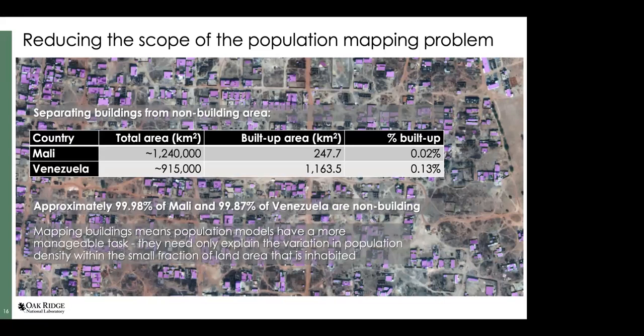In Mali, 0.02% of Mali's area is a building or a structure, and in Venezuela, it's 0.13%. So when you are looking for these structures in satellite images, this is a needle in a haystack problem. So it's not that easy to make these things work.